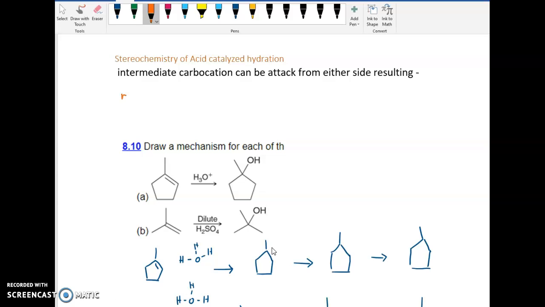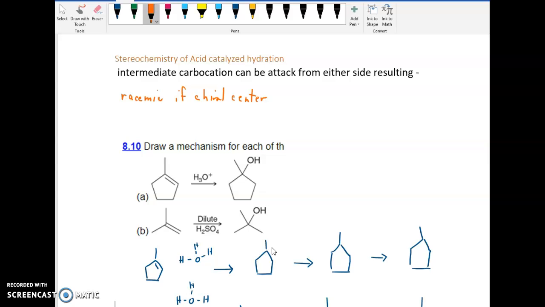So we end up being racemic if you make a chiral center. So pay attention as you make these molecules if you've made a chiral center.